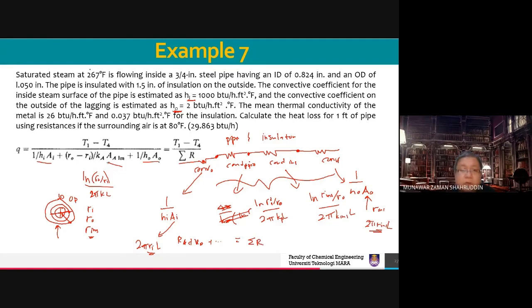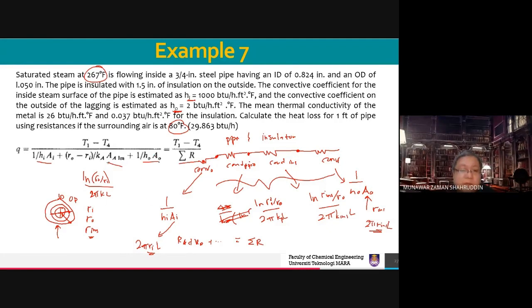So the temperature is already been given to you. And also this one. Okay. So cumanya mungkin dia punya convection, proses dia tu dia berlaku sebaliknya lah.